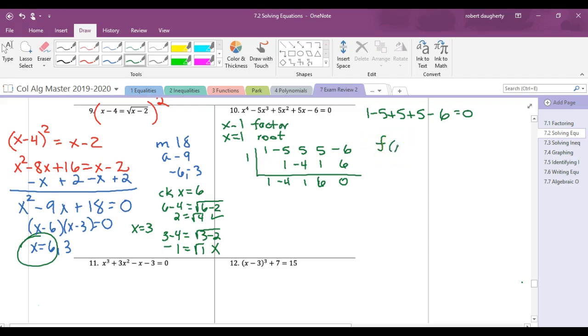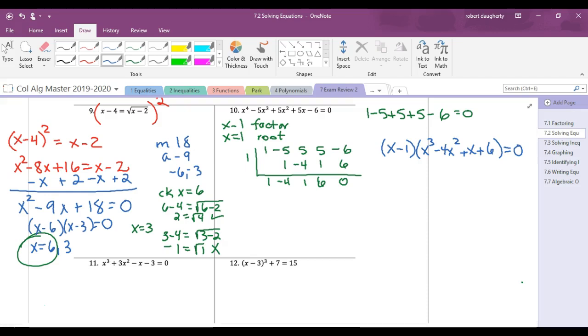I've factored this equation now to x minus 1, and then I've got x cubed minus 4x squared plus x plus 6 equals 0, okay? I've got to continue with my rational roots, okay?